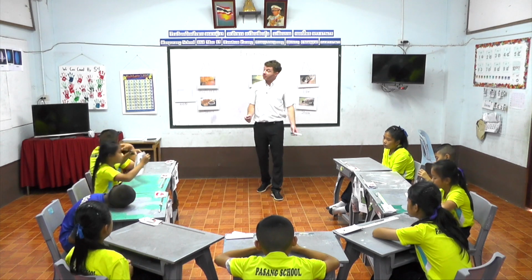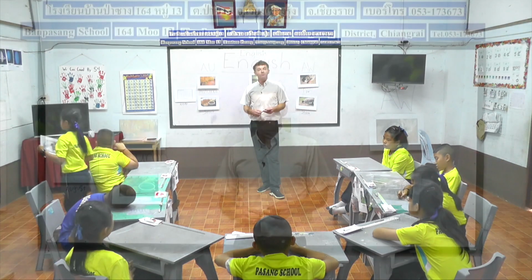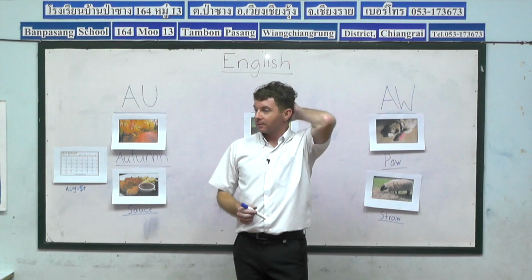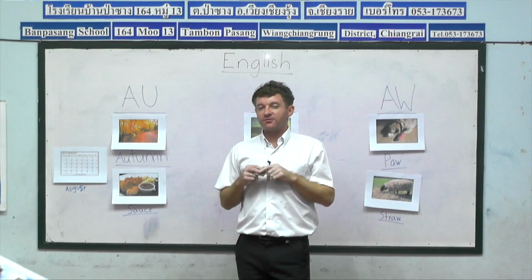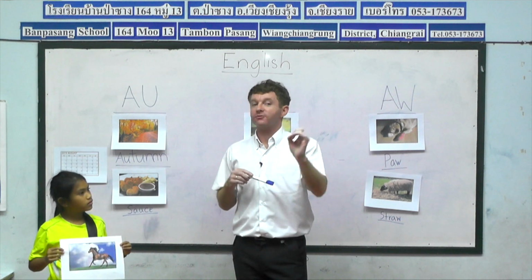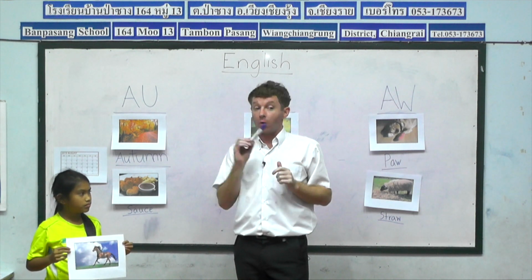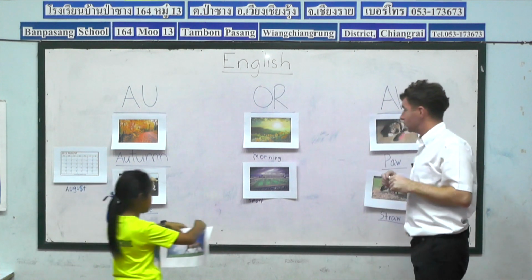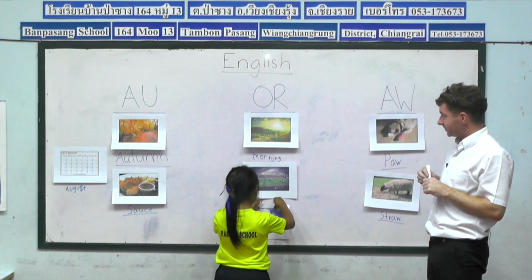Pak Bung, can you bring it to the front of class, please, and show your friends? So, guys, what animal can we see? Horse. What spellings do we use for the O sound in horse? O-R is correct. So we can place it somewhere around here. That's fine.